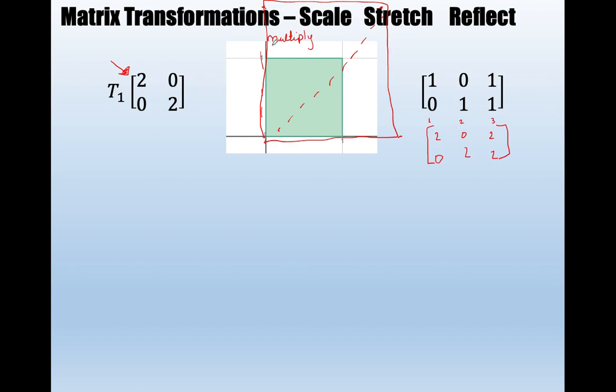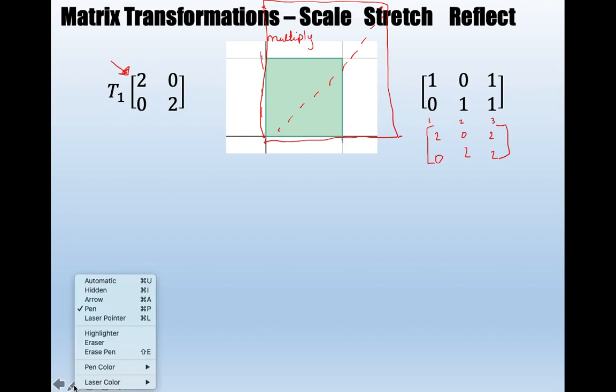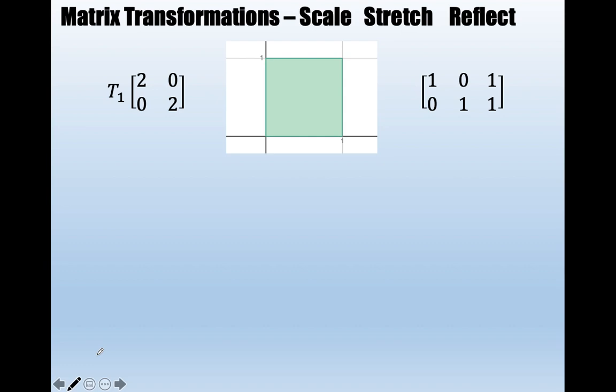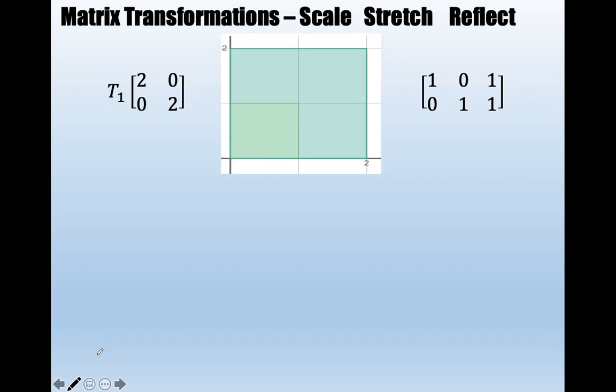Here's the unit vector, and when I connect it, I still get a square, but what has happened to my unit square? It got bigger, right? And as a matter of fact, it got bigger by a factor of 2.